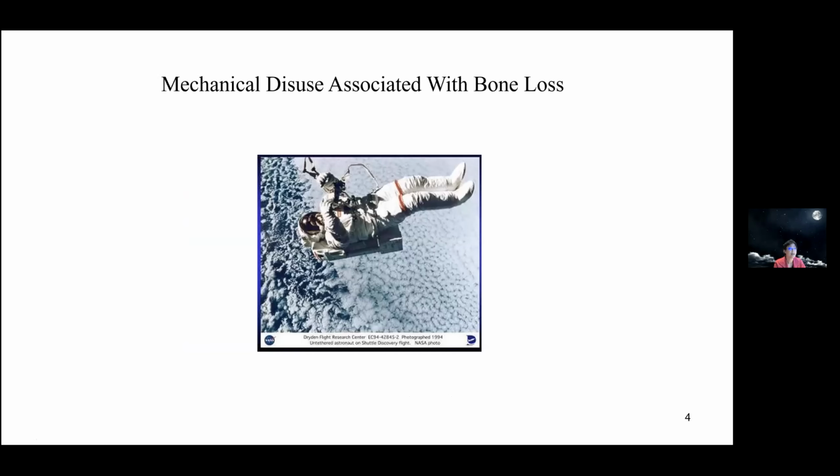On the other end of the spectrum, if we're looking at astronauts going through space travel, you will see that the astronauts actually lose a lot of bone because of the microgravity environment, because of lacking the mechanical stimuli during the entire space travel.